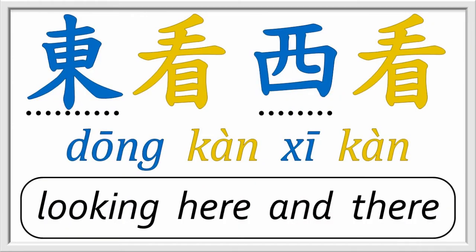The two characters for east and west are often used together in expressions meaning this and that, left and right, here and there, etc. An easy example would be dong kan, xi kan, looking here and there, such as when out shopping but not quite sure what we expect to find.